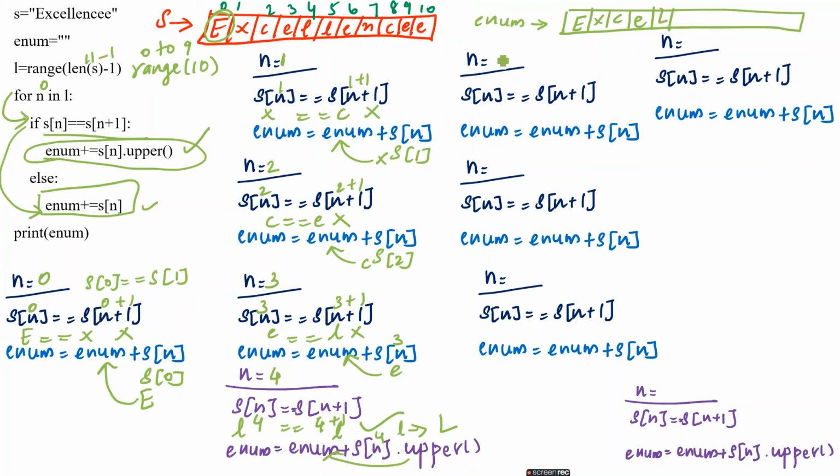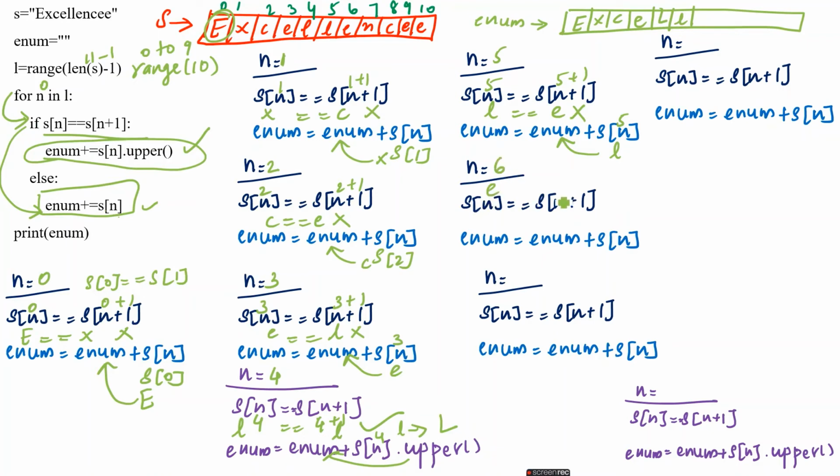Next value of n will be 5. Then we'll check s of 5 is equal to s of 5 plus 1. S of 5 is L and s of 6 is E. Condition false. So we have to execute this statement. We have to concatenate s of 5, that is L, with enum. So L is concatenated. Now the next value of n will be 6.